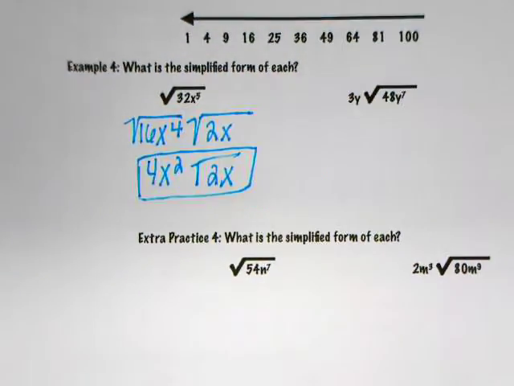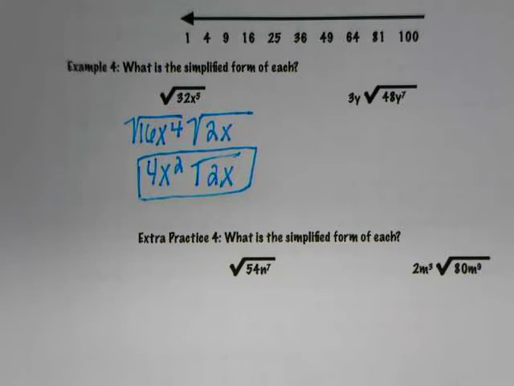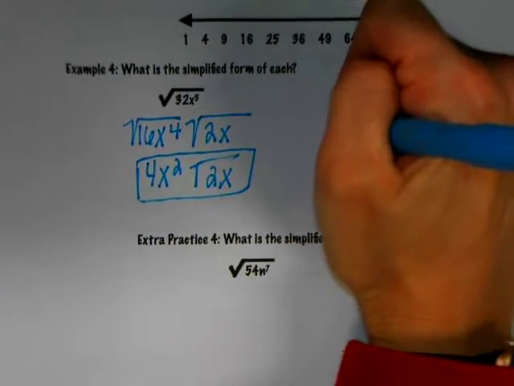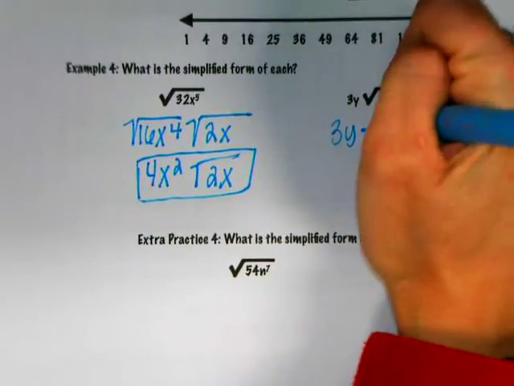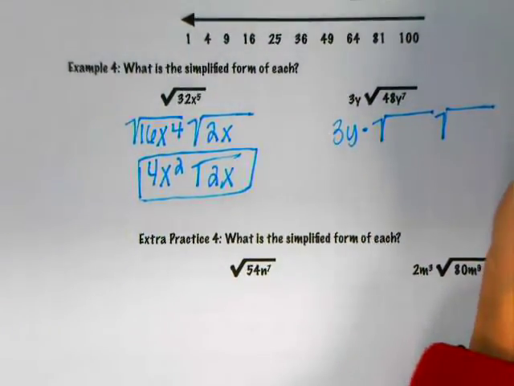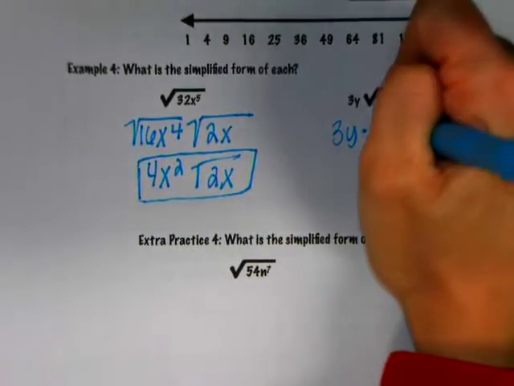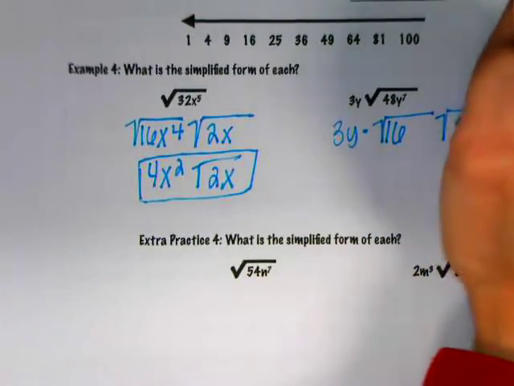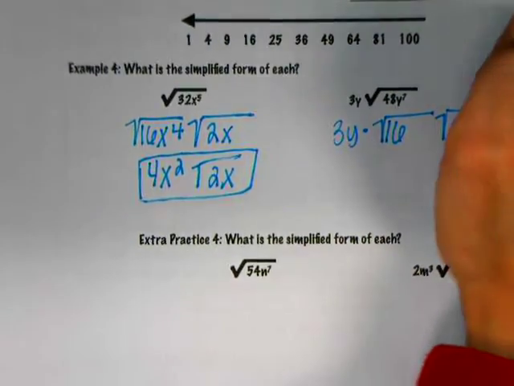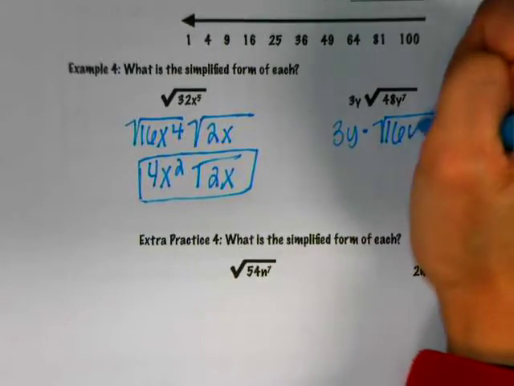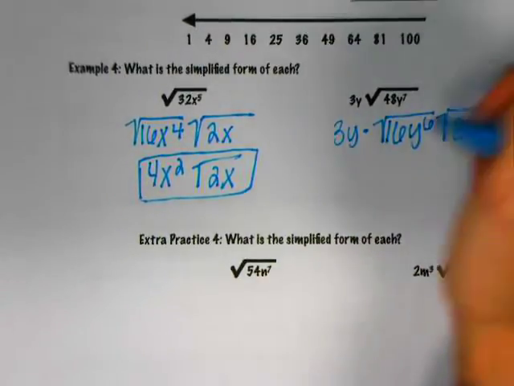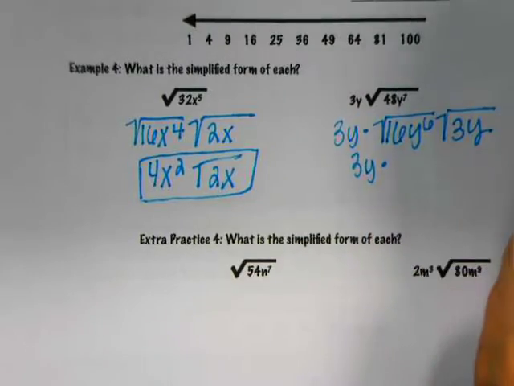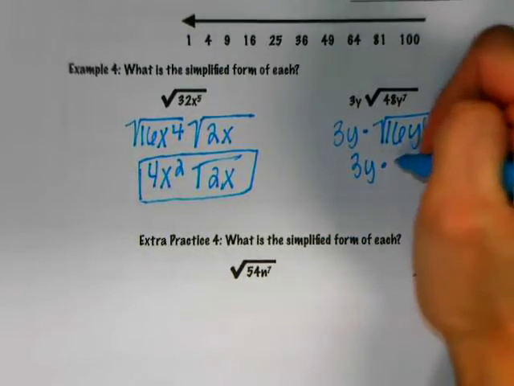Make sense? It's kind of logical. All right, this one, save the 3y. All right, 48, what do we use? Yep, 16 times 3. And then put a single y in the second one, and how many in the first one? Yep, 6. And then what's the square root of 16y to the 6th?